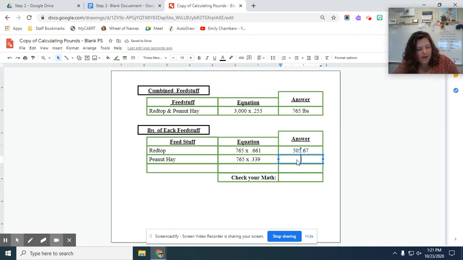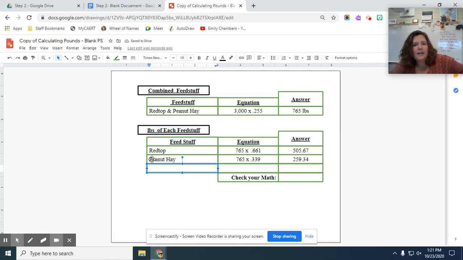So 765 times 0.339 gives us 259.3, and it's 0.335. So that third 5 is going to make it 0.34.